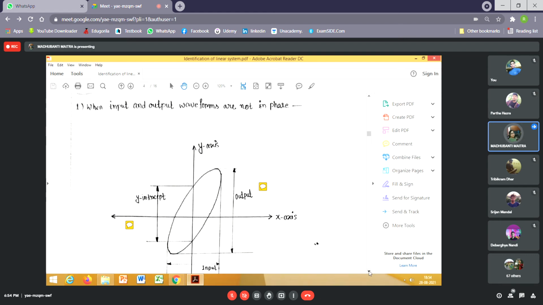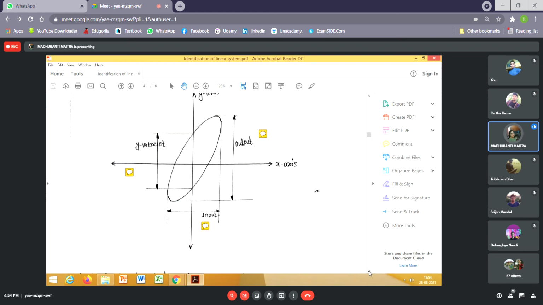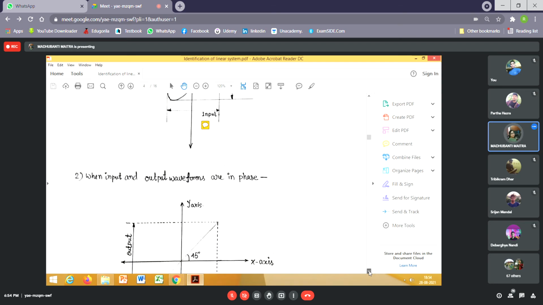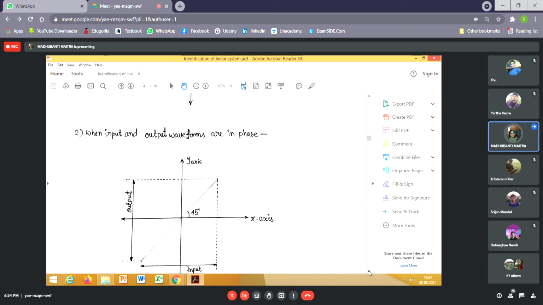And if the phase shift between the output and the input is 0, that means both the signals are in phase, then we'll get a straight line passing through the origin, and this angle will be 45 degree, right? And if the phase shift between the output and the input is 180 degree, then, just follow the cursor, we'll get such a straight line.